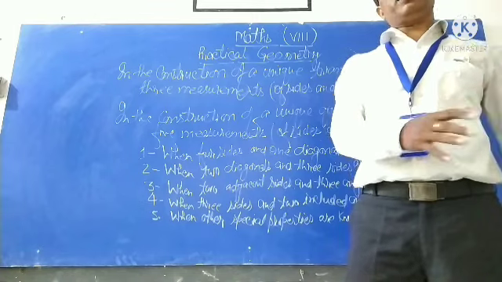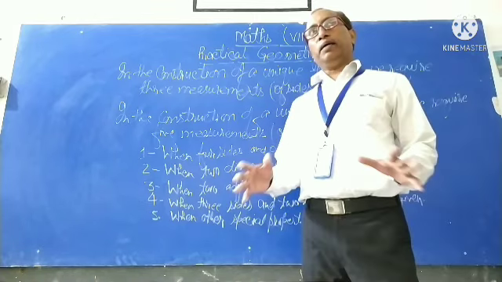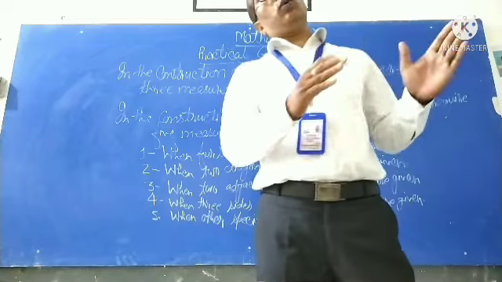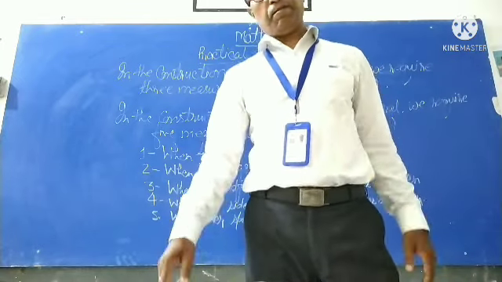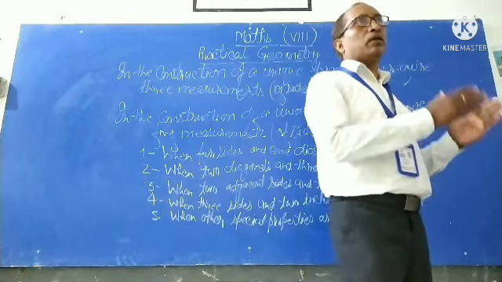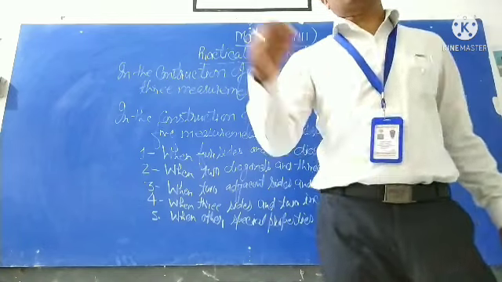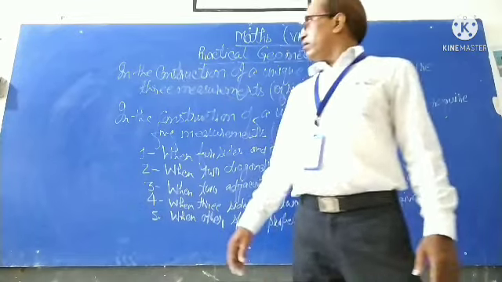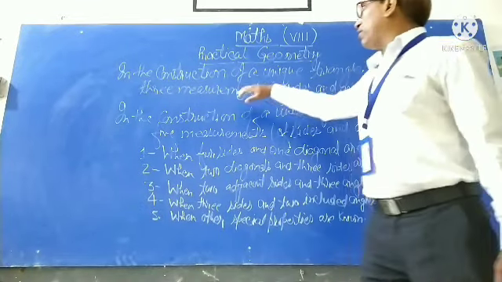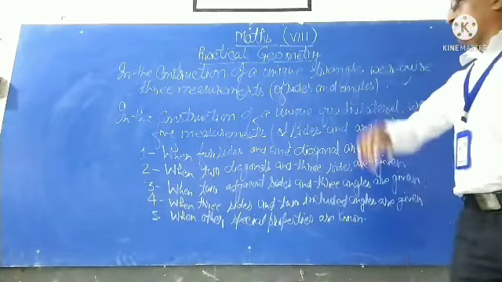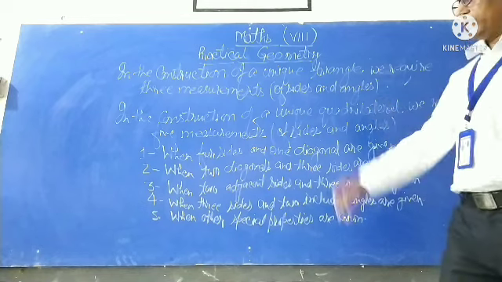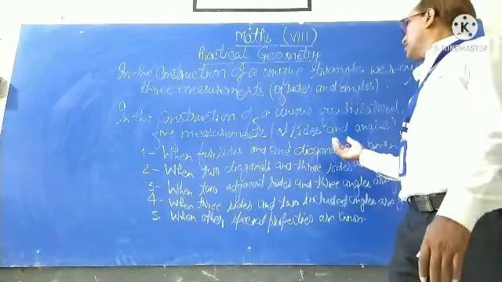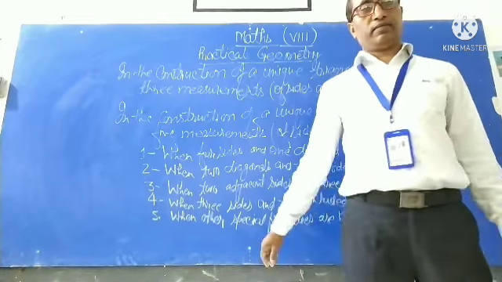In previous classes we have learned how to construct a triangle and how many parts of a triangle are required to construct a triangle. In the construction of a unique triangle, we require a minimum of 3 measurements of sides and angles.